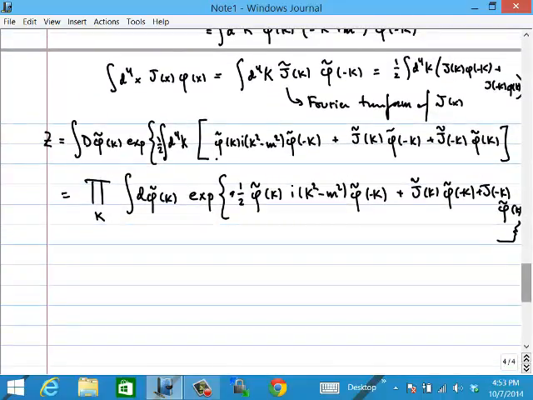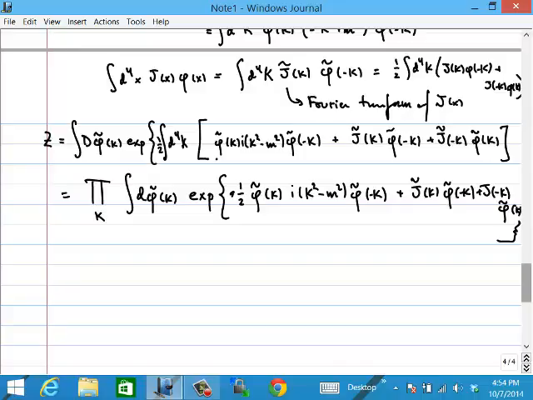So now this is just a Gaussian integral, and I can just do it. And how do you do a Gaussian integral of this sort? Well, the important trick is that you don't do Gaussian integrals of this sort. You complete the squares, and then you don't actually ever bother to do the original integral.